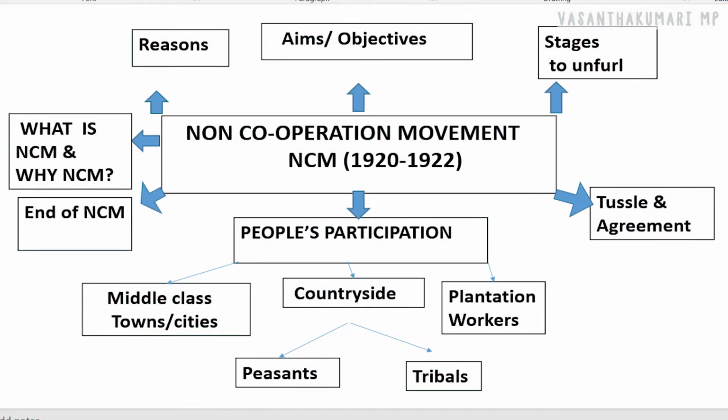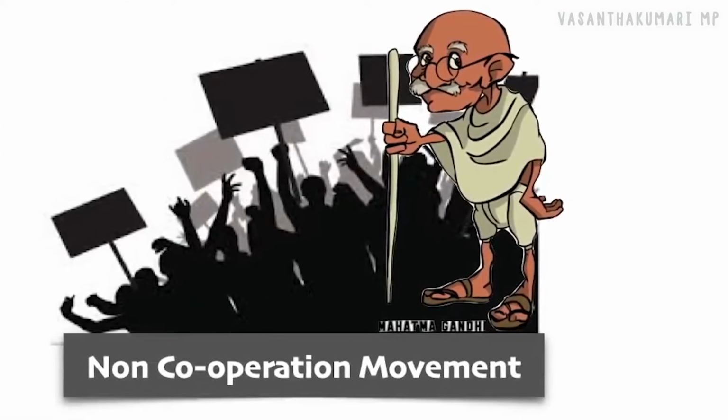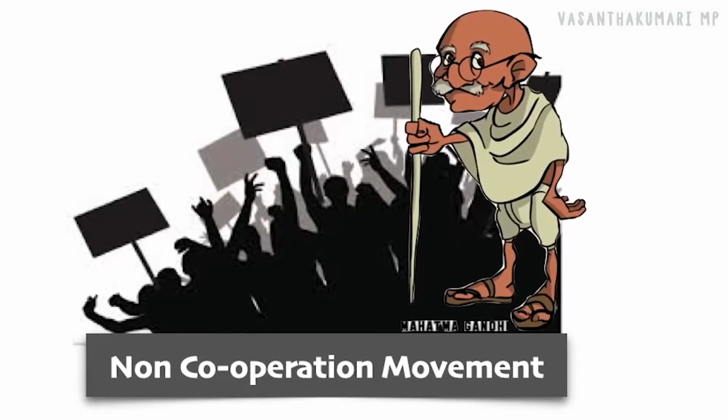Today, in the second module of this chapter, we learn the non-cooperation movement in depth. Let's have a bird's eye view of the event before going to the depth of the topic.